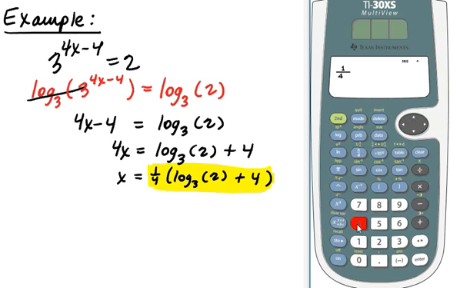So a fourth of, okay, well, log base 3 of 2, I'm going to need to write in a fraction bar and say natural log of 2 divided by natural log of 3. Plus 4. I'm going to get 1.1577, and that would serve as an approximate answer.